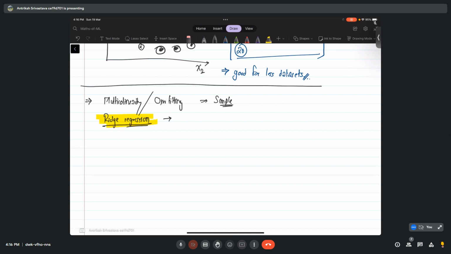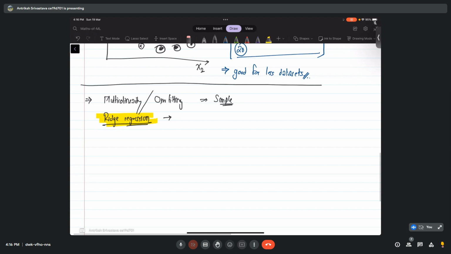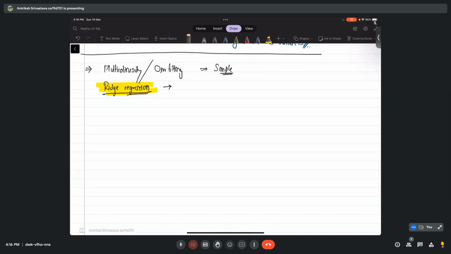Okay. So when we see the result of our linear regression, how does it look? Let's say if we have n features, then our linear regression result will look something like beta naught plus beta 1 x1 plus beta 2 x2 plus ... plus beta n xn, where beta naught is the bias and beta 1 to beta n are the slopes for the corresponding features.